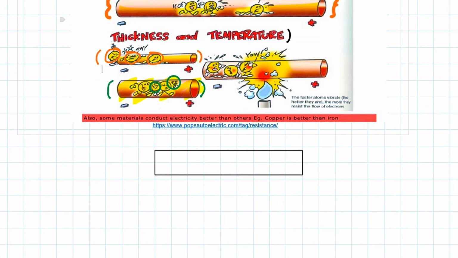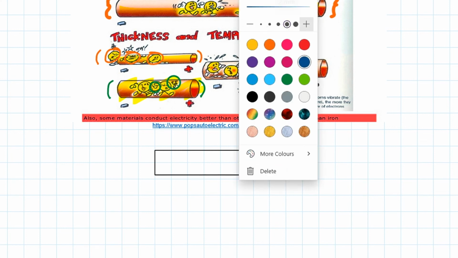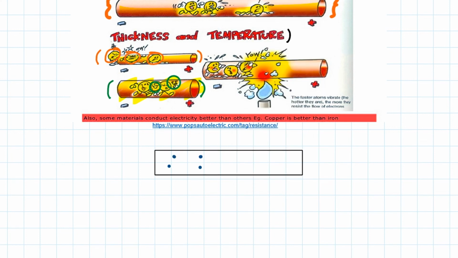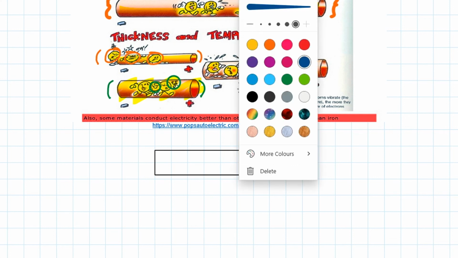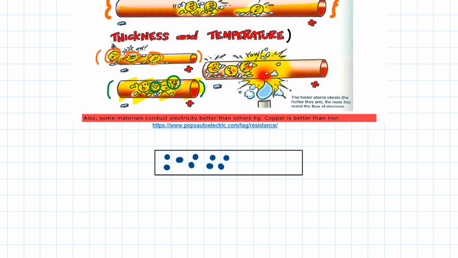So you may remember, once again, I know I've referred to this many times, the kinetic molecular theory, which says that particles have kinetic energy, and temperature is a measure of the average kinetic energy of particles. Particles are constantly moving or vibrating about their fixed positions, and if we heat up the conducting wire, these particles start to move about even more and they vibrate more randomly.